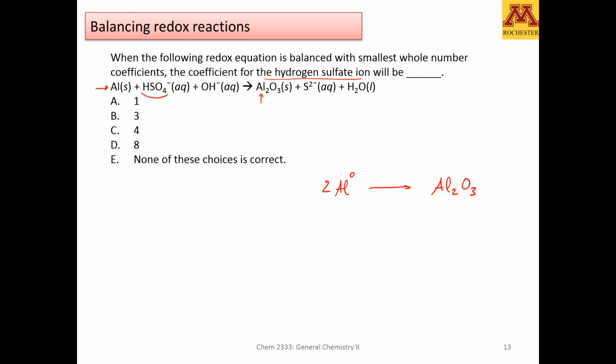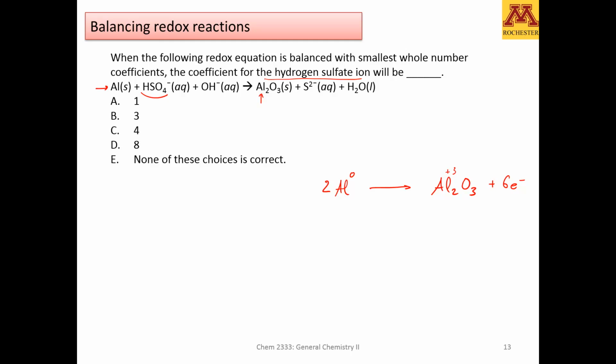And the oxidation state here is 0. And what is the oxidation state of aluminum? Typically it is +3, right? But if you are oxidizing 2 aluminums, you need to have 6 electrons leaving, each of them 3. So now this was the oxidation.